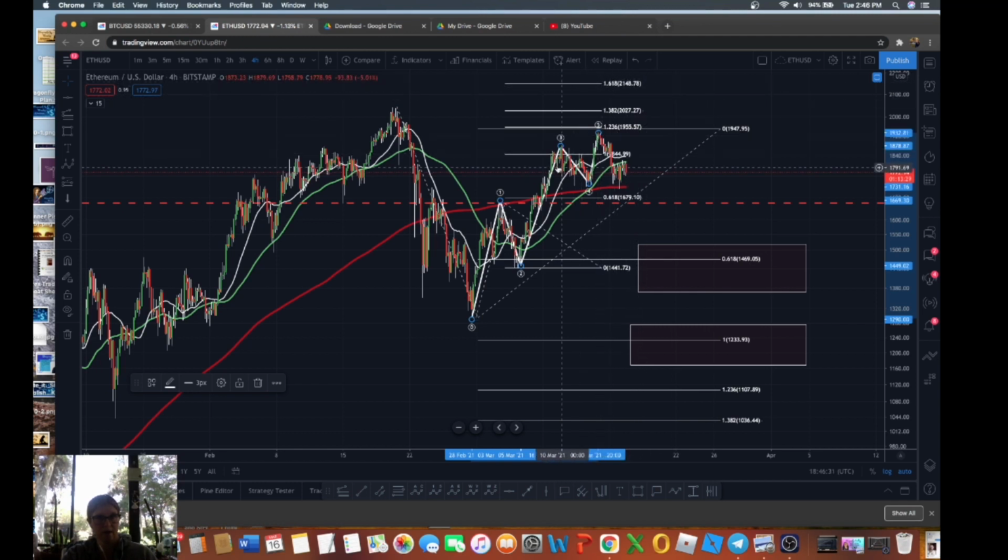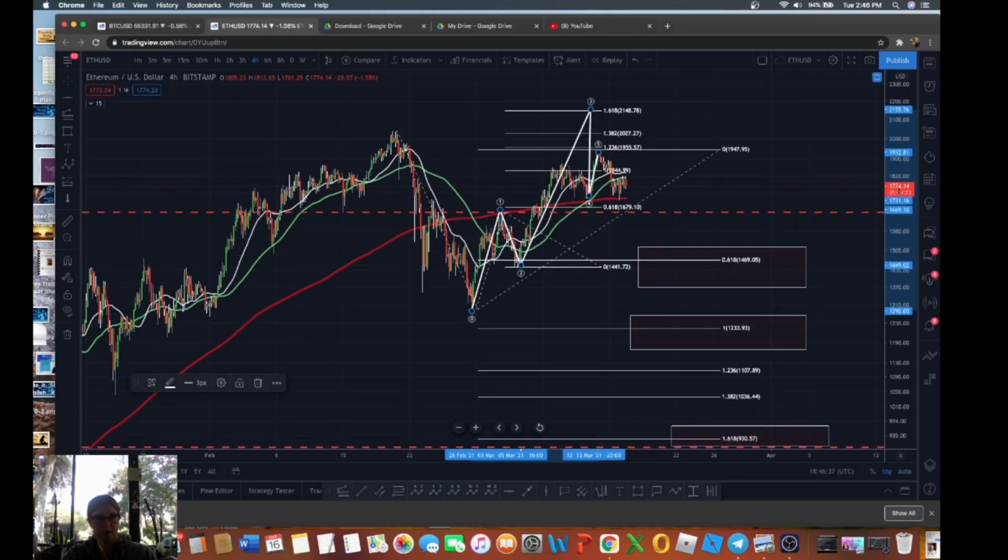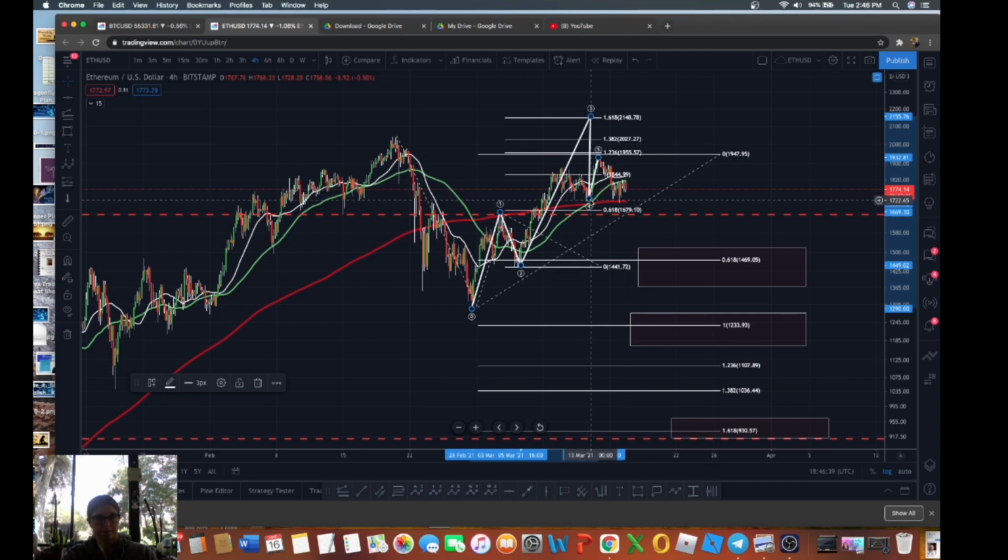The third wave has to hit the 1.618. So a normal impulse wave looks like this. So could this be subdegree 3, 4, 3, 4, and then we go 5 up for our third? I don't think so.